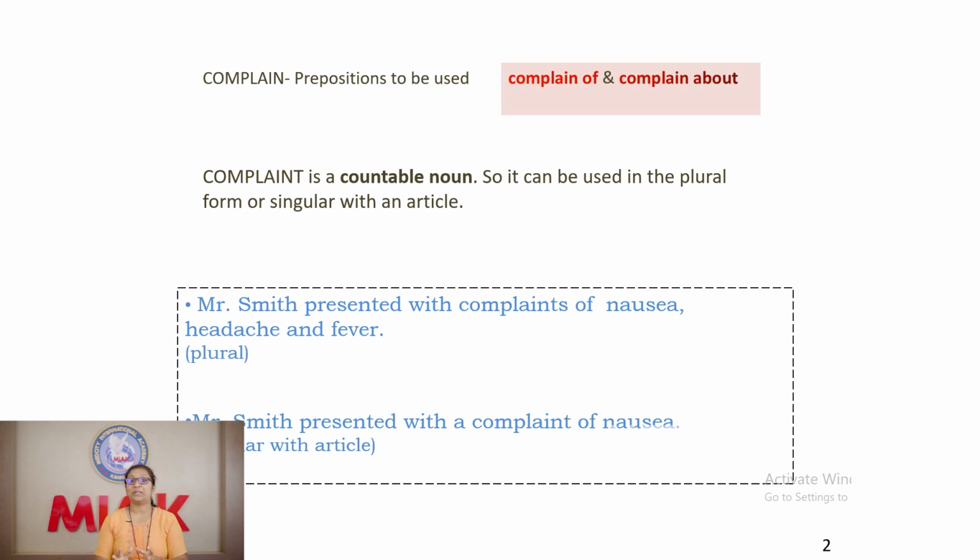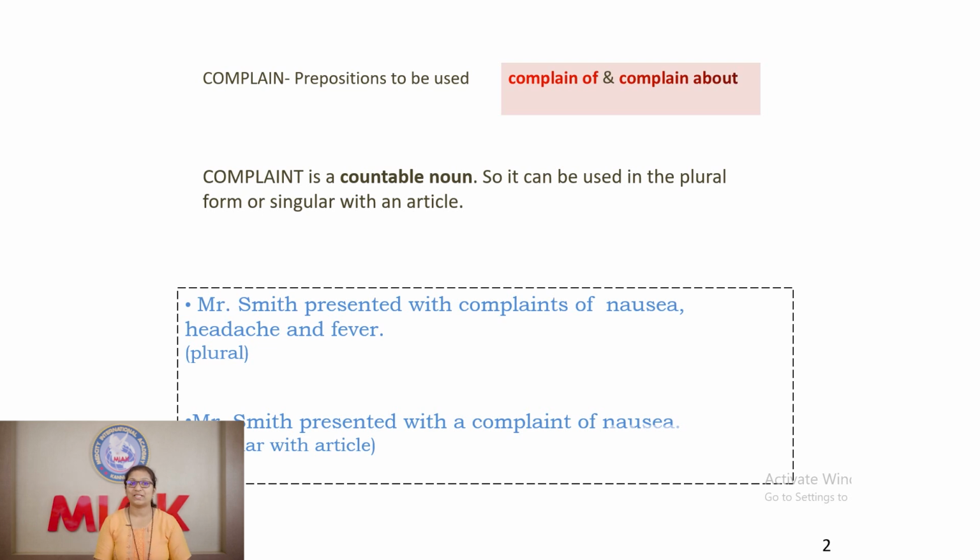ഇവിടെ മൂന്ന് ഡിഫറെൻറ്റ് കംപ്ലെയിൻസ് ആണ് പേഷ്യൻ്റ് കൊണ്ടുവന്നിരിക്കുന്നത്. നോസിയ, ഹെഡേക്ക് ആൻഡ് ഫീവർ. Now what if the patient has come up with a single complaint? Let's take the example of nausea alone. അങ്ങനെയാണെങ്കിൽ എങ്ങനെയാണ് ഈ സെൻറ്റൻസ് എഴുതാൻ പറ്റുക? Mr. Smith presented with a complaint of nausea.